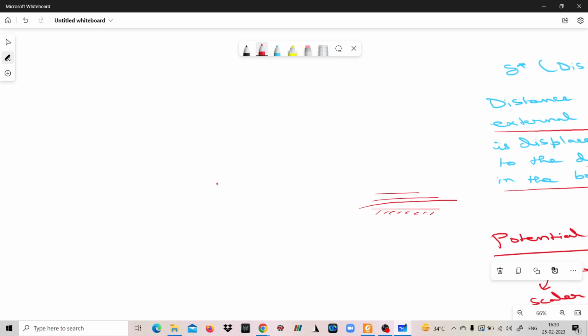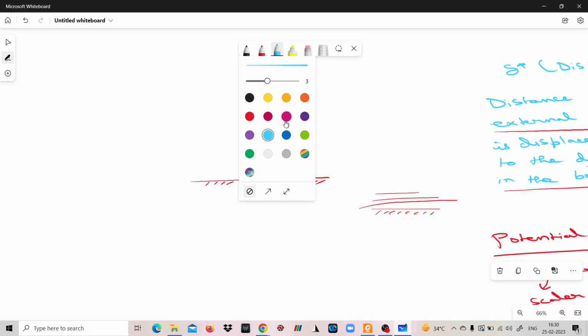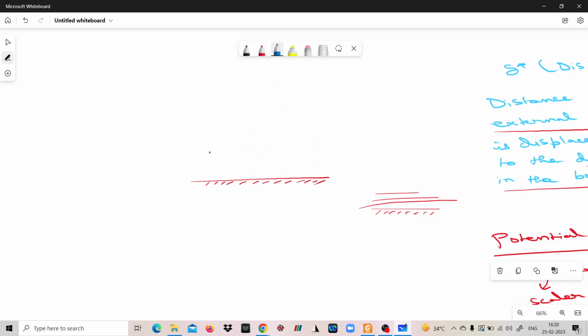Okay, now let us consider that there is a flat plate, and inside the boundary layer, how will the velocity distribution look? The velocity distribution will look something like this.